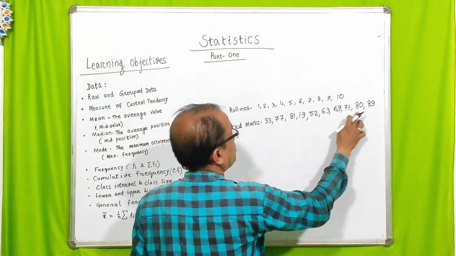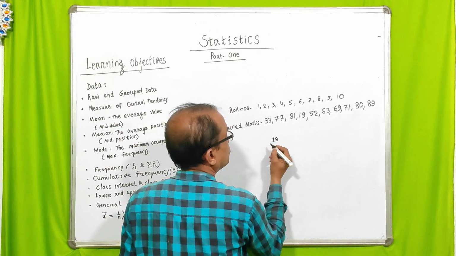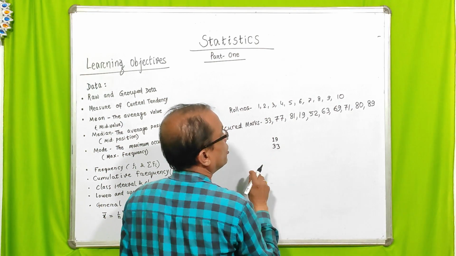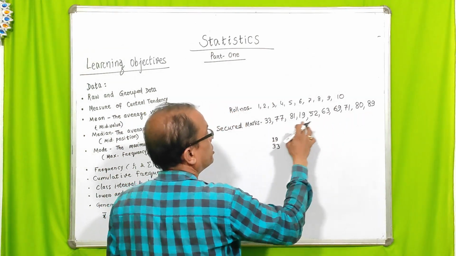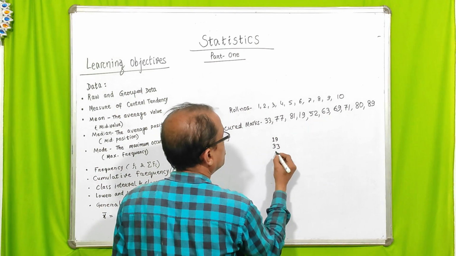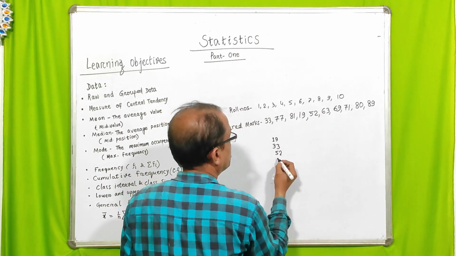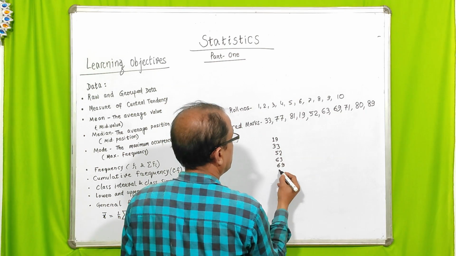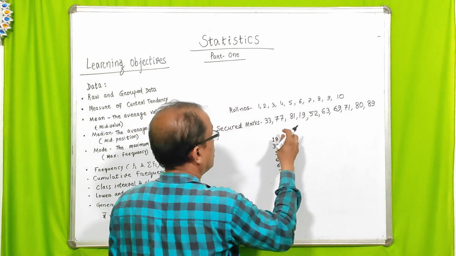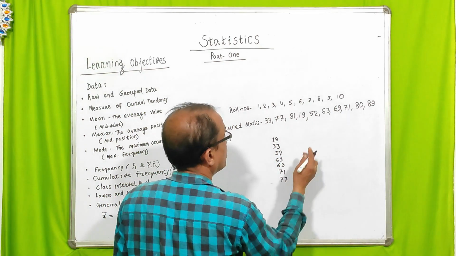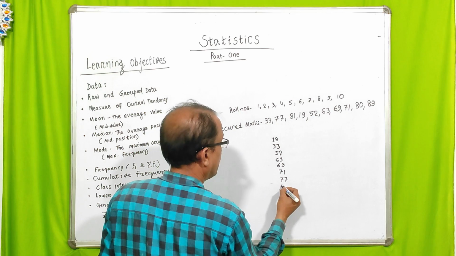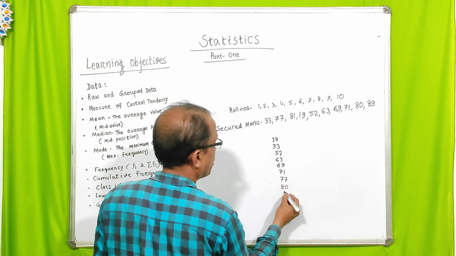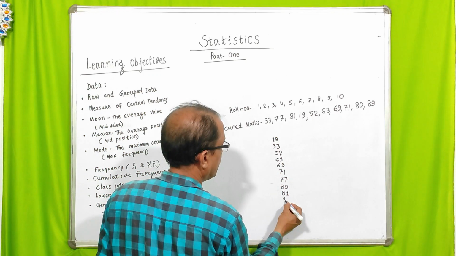So the smallest of these values is 19, the next to it comes 33, the next perhaps is 52, then comes 63, then comes 69, then comes 71, then comes 77, then comes 80, and then 81, and last 89.